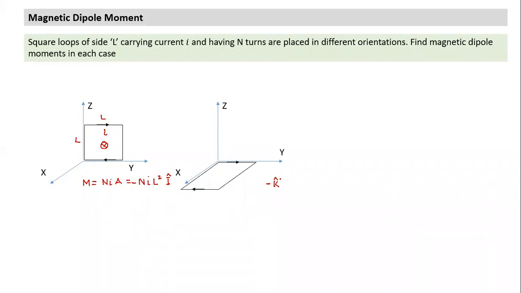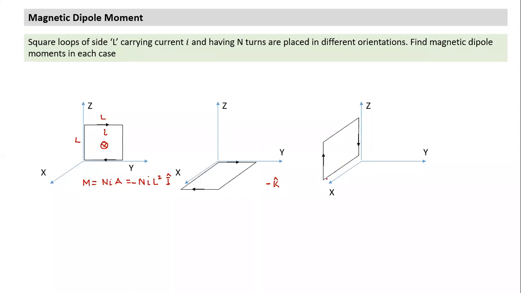Okay, so let's take the third case. Pranav Soma, can you tell me the direction in this particular case? This third case. What is the direction? The loop is given. Which plane is the loop placed in?